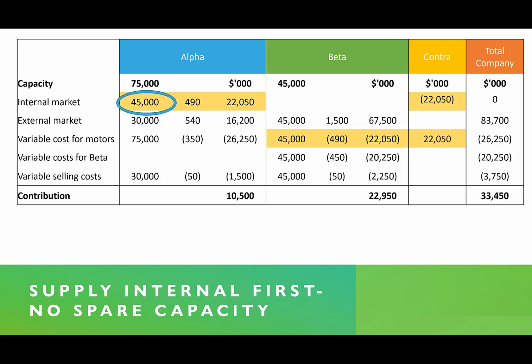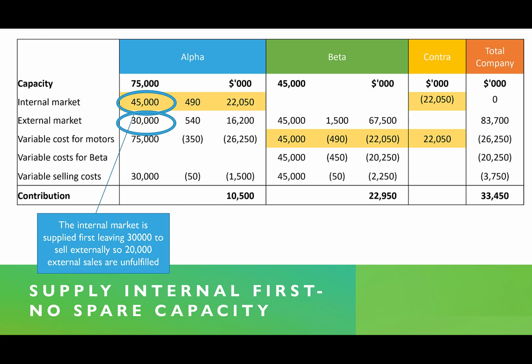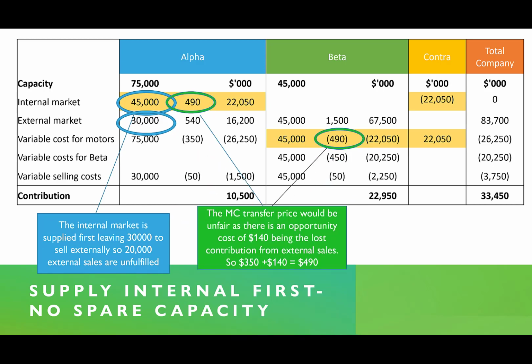So the internal market is supplied first. Now the external market is therefore only going to be getting 30,000. So there's 20,000 of the 50,000 now unfulfilled. Lost opportunity. So the transfer price now needs to be set based on that lost opportunity.